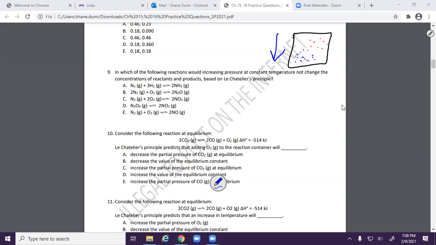If I increase it, it's the exact opposite. So Le Chatelier's principle states that an increase in volume will favor the side with the most moles, and a decrease in volume favors the side with the least moles.